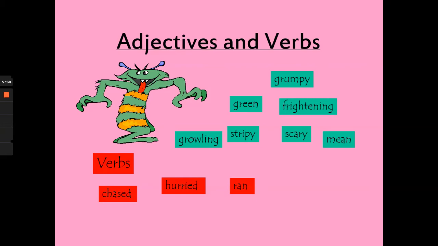So I've put one in red or green that shouldn't be in red or green. And there is a verb in the adjectives, and I wonder if anyone can spot it. I'll give you a minute or so to go through and think. So think, a verb is a doing word, so something that you're doing, and an adjective describes a thing. So see if there's one there.